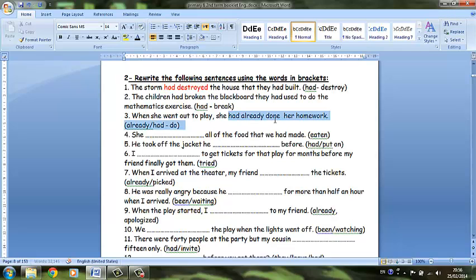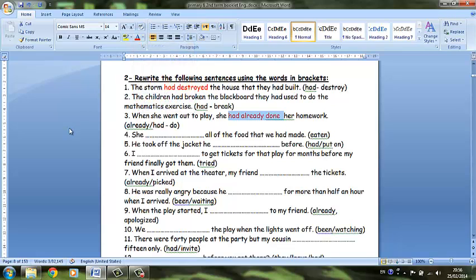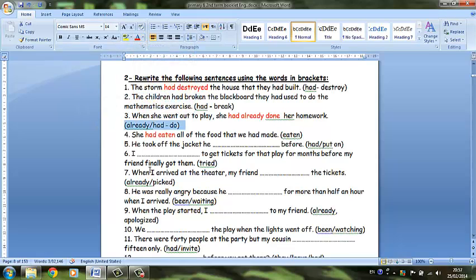She had already done her homework. Very good. Number 4: she blank all of the food that we had made. So what are you asked to write here? Eaten. I'm going to write had eaten. Very good.